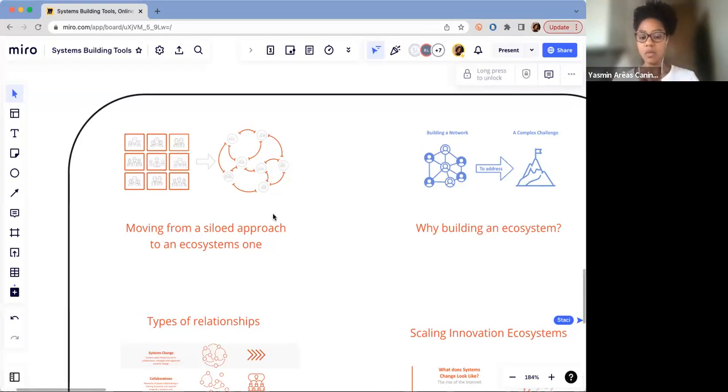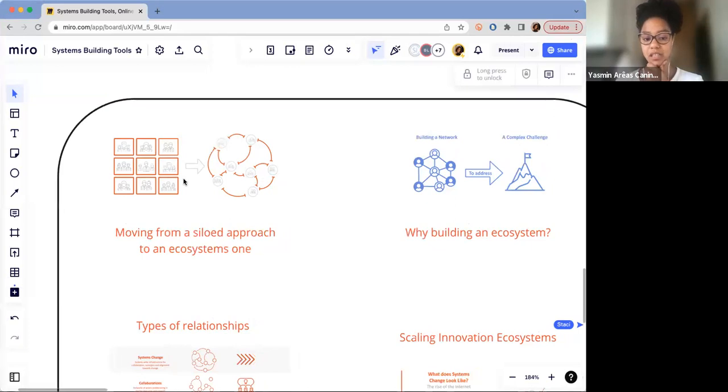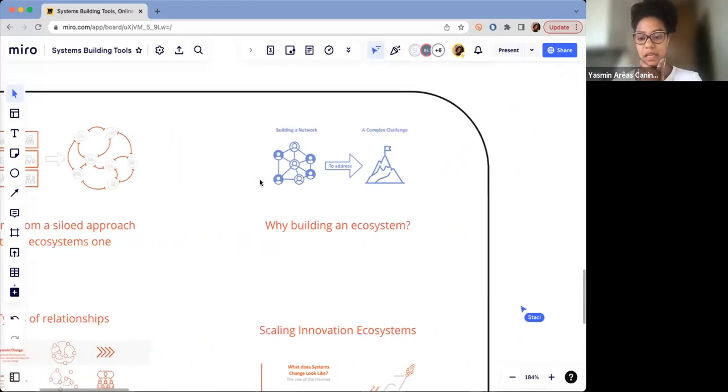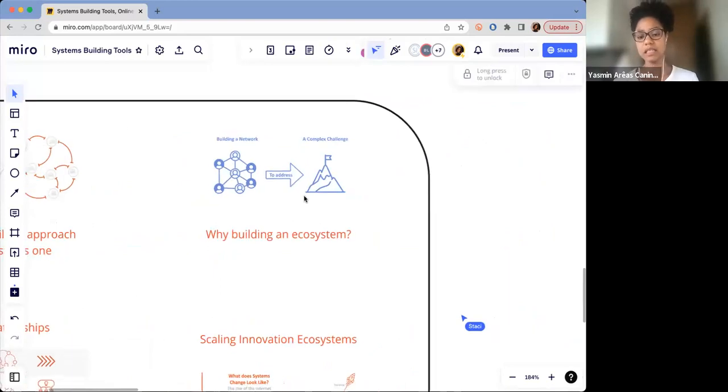So we discussed one of the definitions of ecosystem, and that's why it seems important to always be aware of the connections that we have in the relationships inside a complex environment. And it is specifically important because in order to address complex challenges, we can't focus on the separate parts, break them down and try to address such a complex issue with this very reductionistic mindset.